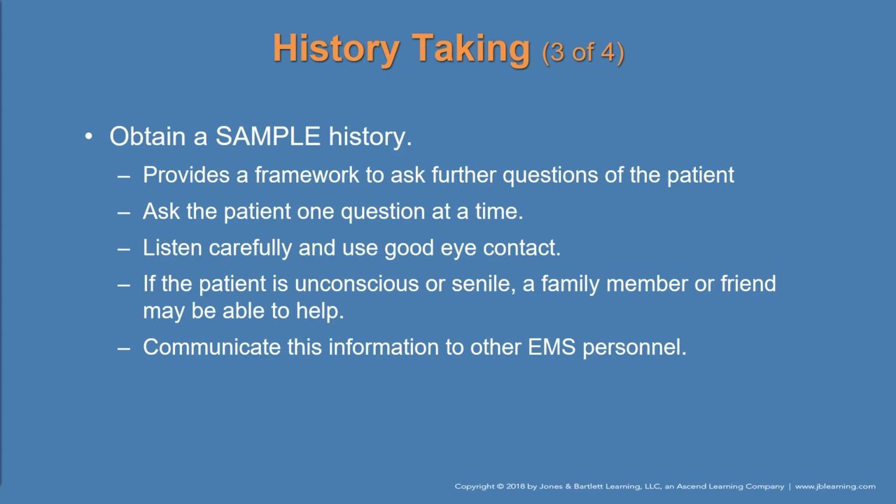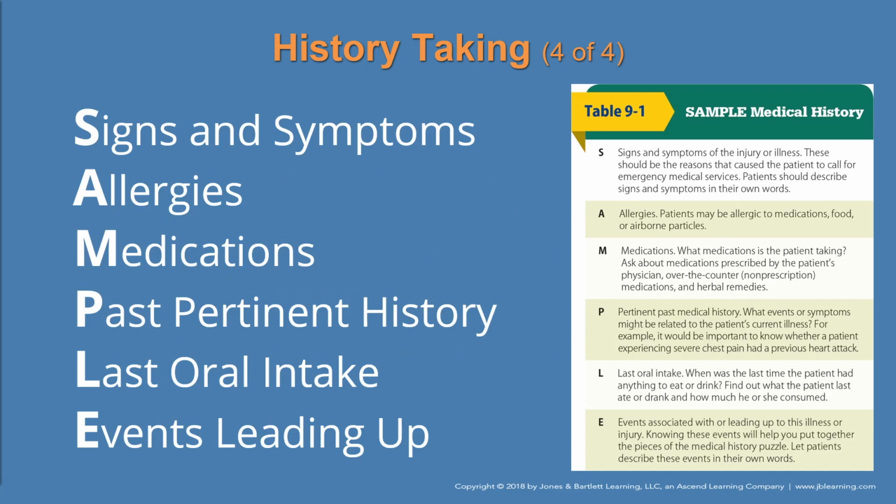Repeat the information back to the patient to make sure you got the right answers, and be generally inquisitive and ask follow-up questions. If we look at SAMPLE history, in your textbook, table 9-1 gives you the basics of SAMPLE, right? But we're going to drill down into it here a little bit deeper.